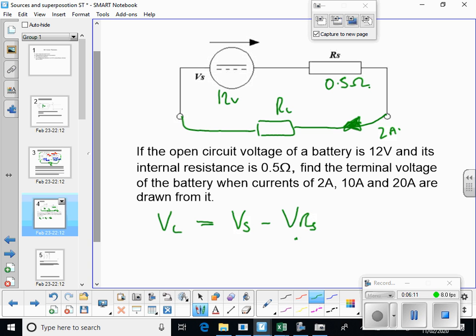The voltage here is going to be that voltage; those two voltages add up to that. So by Kirchhoff's voltage law, the voltage at the terminals is the source voltage take away the volt drop across that resistor. How can I calculate the volt drop across that resistor?